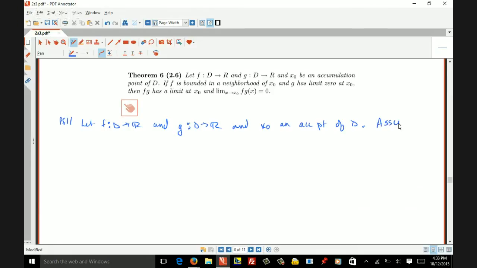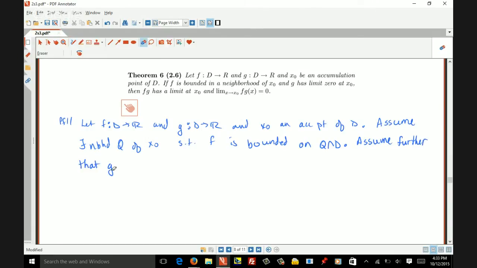Now, for the next one, I'm going to assume there exists a neighborhood Q of x naught such that f is bounded on Q intersecting with D, and assume that g has a limit. Neighborhood. Sorry, I just get tired of writing after a while.